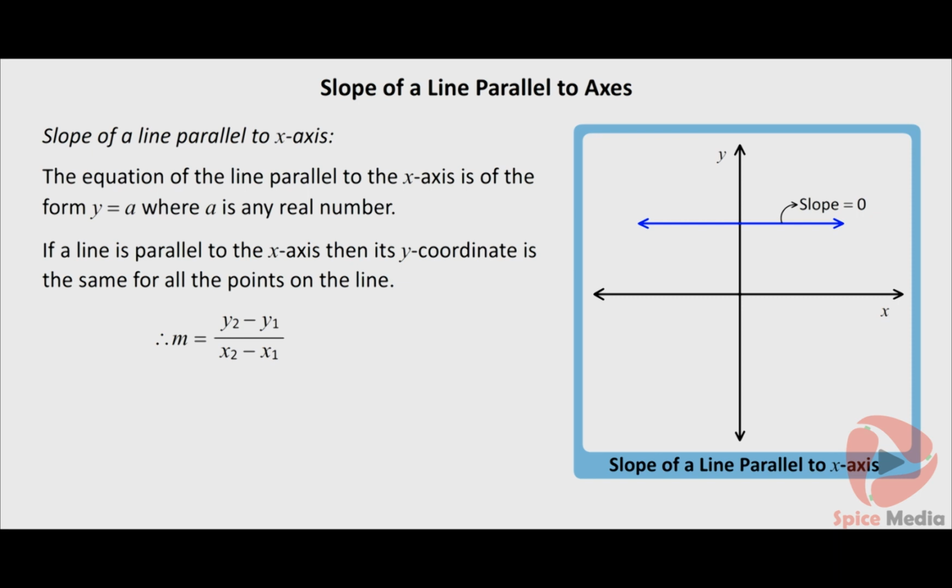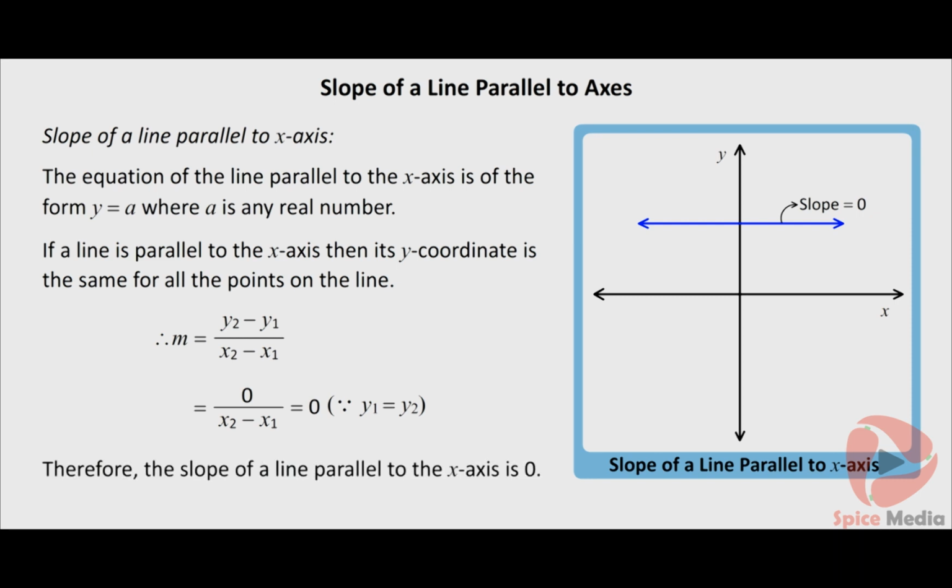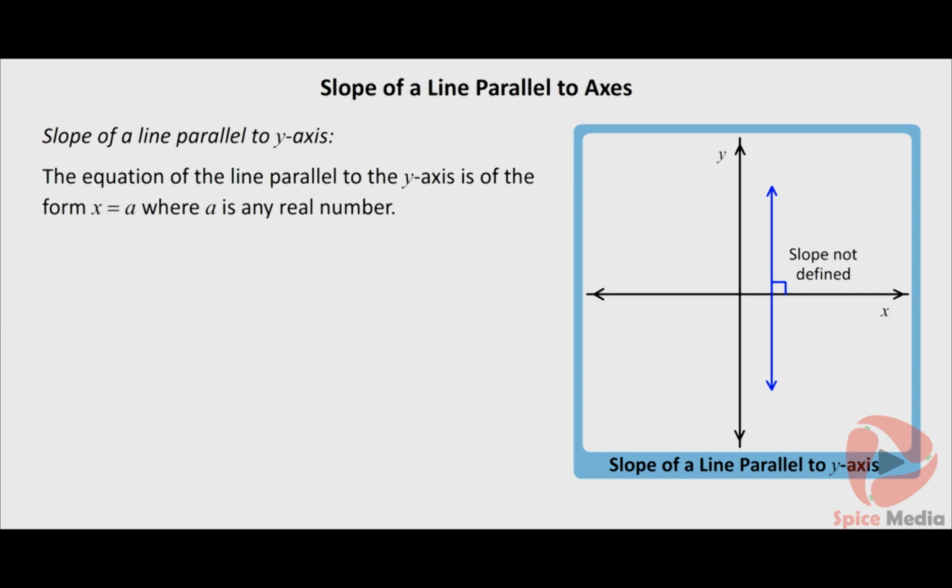Therefore, m is equal to (y2 minus y1) by (x2 minus x1) is equal to 0 by (x2 minus x1) is equal to 0, since y1 is equal to y2. Therefore, the slope of a line parallel to the x-axis is 0.